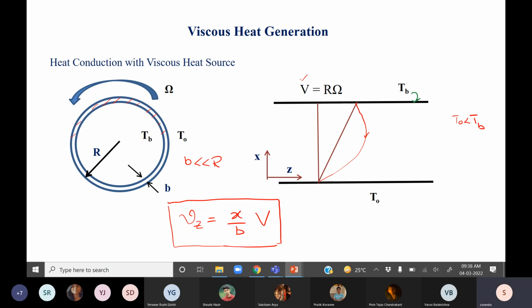So we have identified that we need to look at the maximum temperature in between the two plates as a function of operating conditions and as a function of property. The operating condition obviously would be the velocity of the top plate. It is also a function of the geometry of the system, which is this b, the gap between the two plates, and of the properties of the fluid, the lubricant that you are going to choose. The relevant properties are mu and rho.